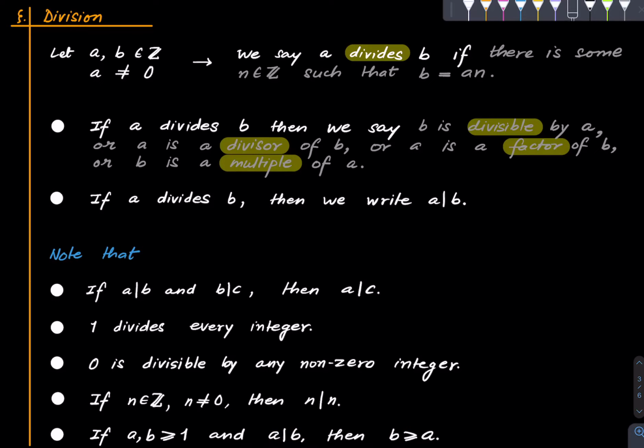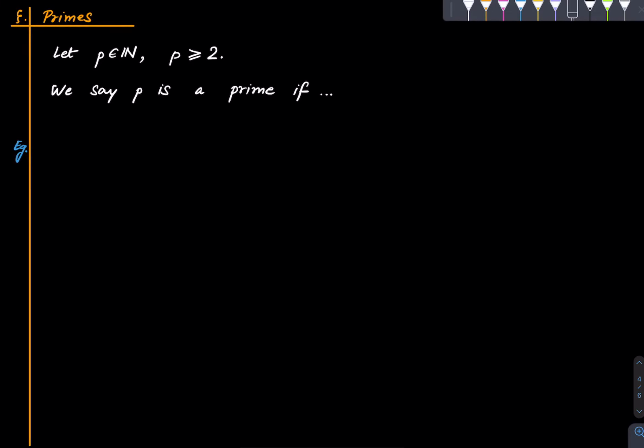All right, so let's move on. These are some basic definitions that I'm sure we knew from high school. What is a prime? Fix a natural number P which is at least 2.